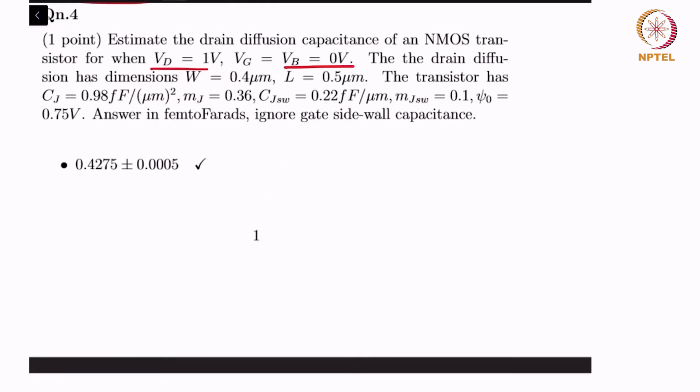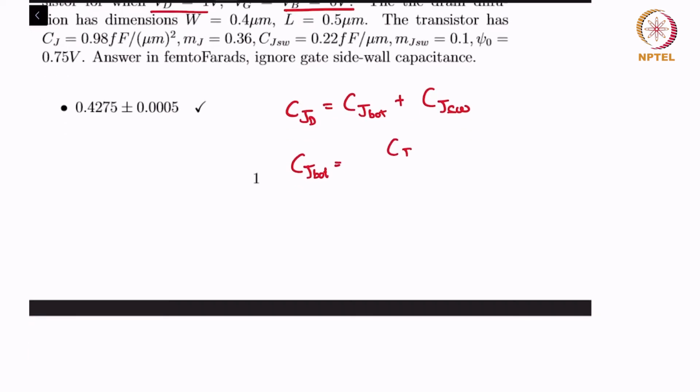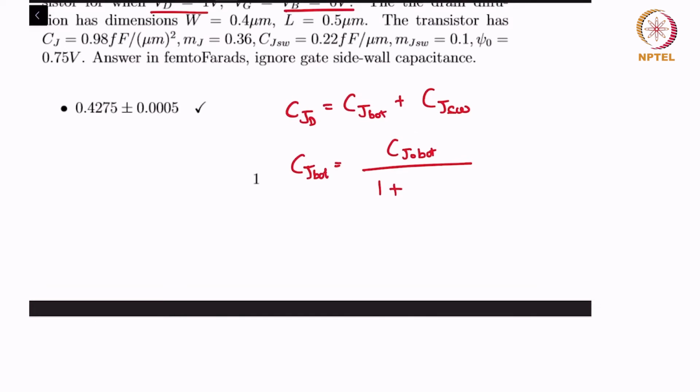The formula is fairly straightforward. Cj drain is equal to Cj bottom plus Cj sidewall, and Cj bottom is equal to Cj naught bottom, which is the value for zero reverse bias, divided by 1 plus V reverse bias divided by psi naught, the whole power m.